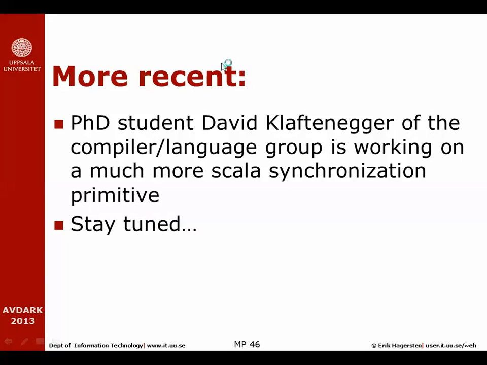More recently, there's a PhD student at the department in the compiler language group who is drafting and submitting a paper on an even more scalable synchronization primitive. This primitive is actually not as unfair as Zoran's primitives, but he has been looking at different kinds of properties, and we are holding our breath and hoping that this will make one of the best conferences. So stay tuned for more information about that.